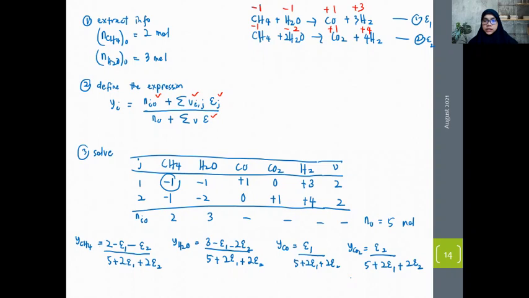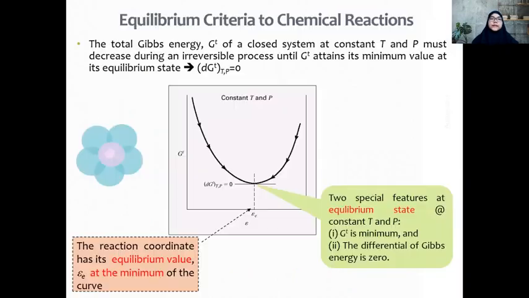And then the last is H2: 3 times the first coordinate plus 4 times the second, over 5 plus 2 plus 2. Okay, this is how we express the mole fractions in terms of the reaction coordinates for multiple reactions.